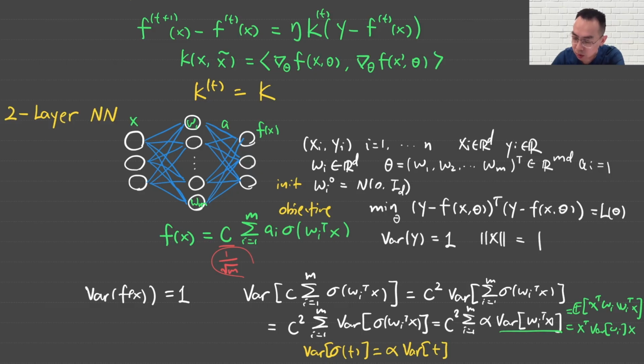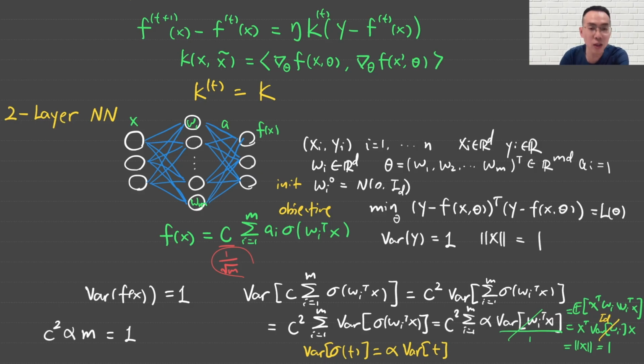We can replace the variance of w_i with the identity, so it's just the norm of x, which equals 1 based on our assumption. After this we can get rid of this term completely, since it equals 1. So what we have in the end is c squared times alpha times m equals 1.